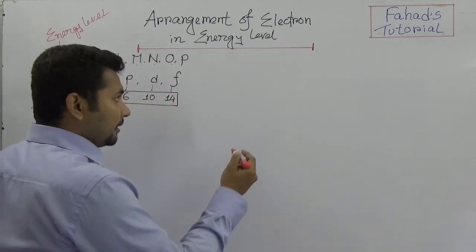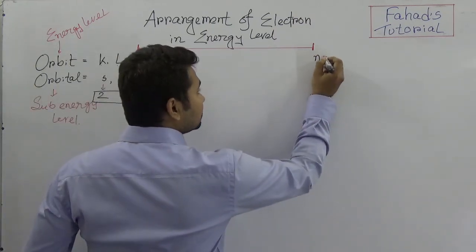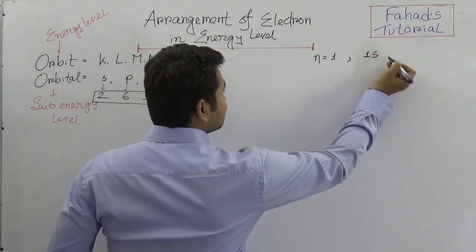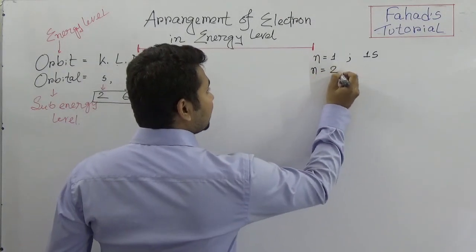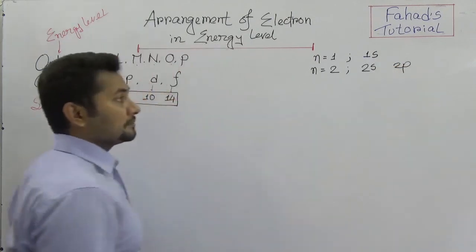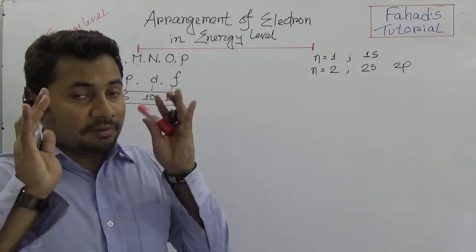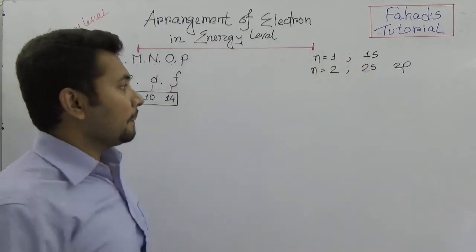When n equals 1, there is an orbital which is 1s. When n equals 2, that means the L shell, it can be 2s and 2p. How it comes, I will explain later, but you must remember that in the second shell there can be 2 orbitals.